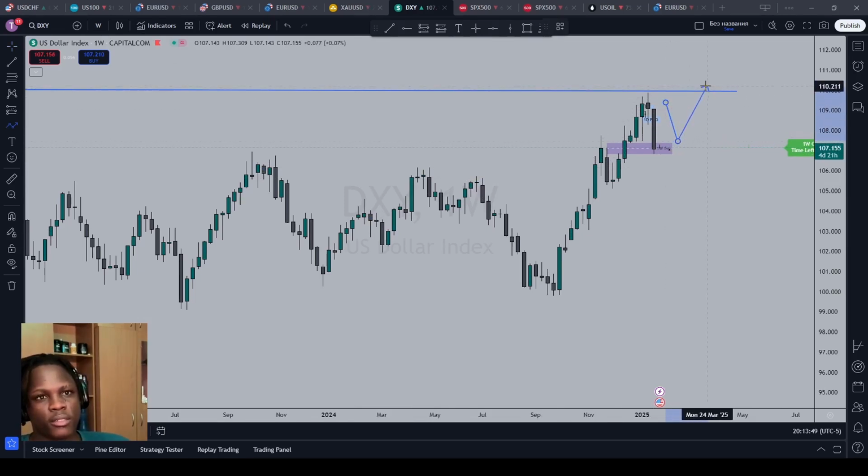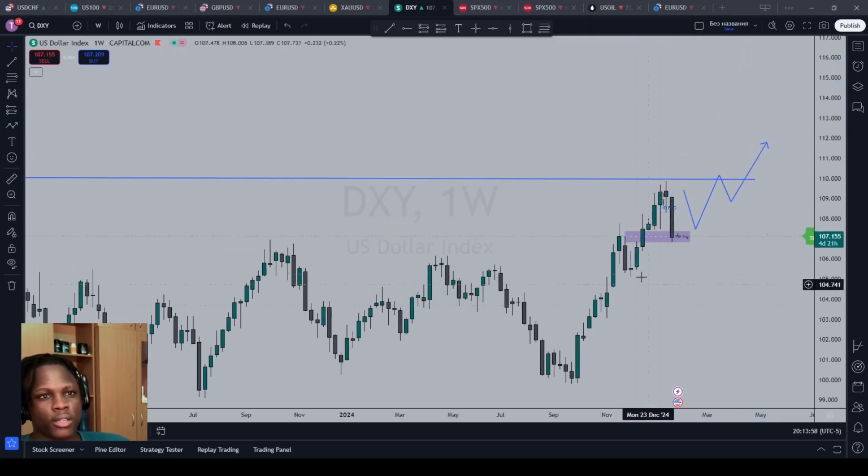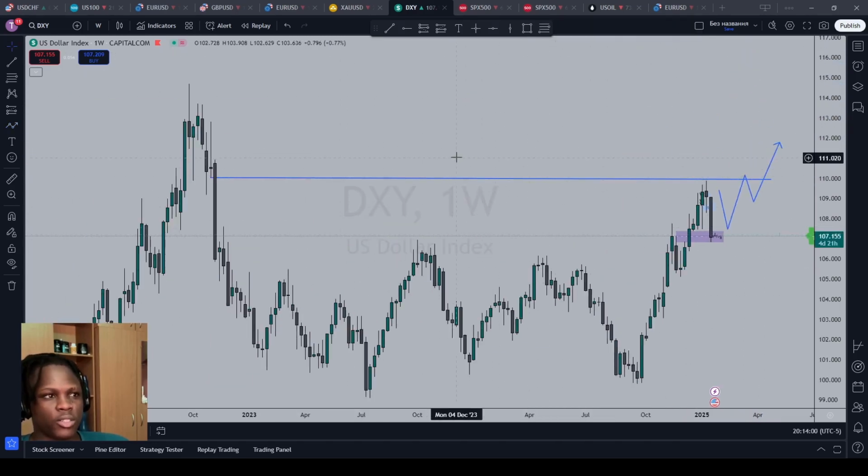Then from there, I was expecting it to take out some kind of market structure like this. That was my expectation for the previous week.